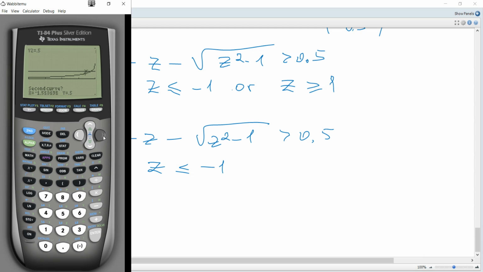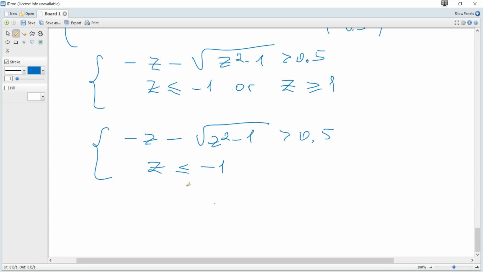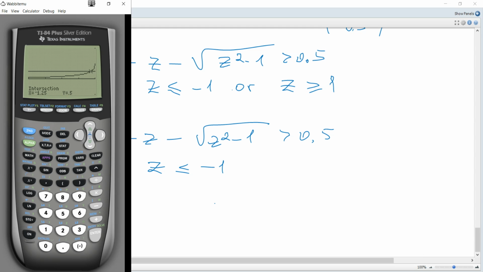The second curve, yes, this one. Guess is this one. So this point is negative 1.25. And the solution of the first is x is greater than negative 1.25, because the curve is greater than 0.5, it's to the right.